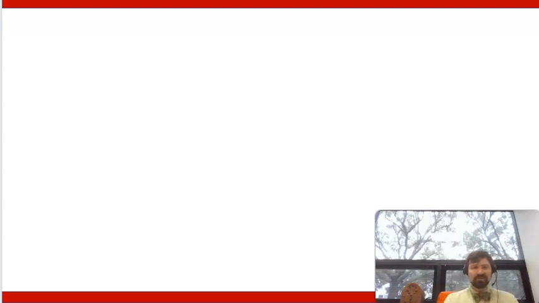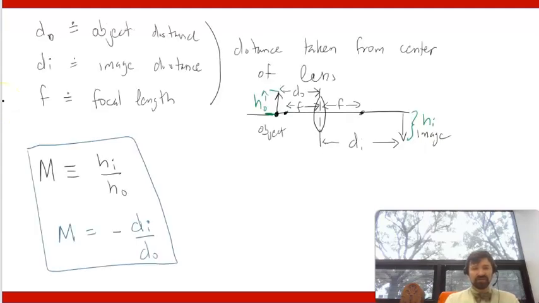Okay, the other important equation for thin lenses is what's sometimes just called the thin lens equation. And what that does is we come back over here where I've defined DO, DI, and F. That equation relates the three to each other.